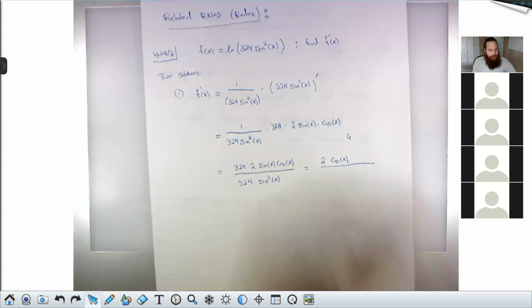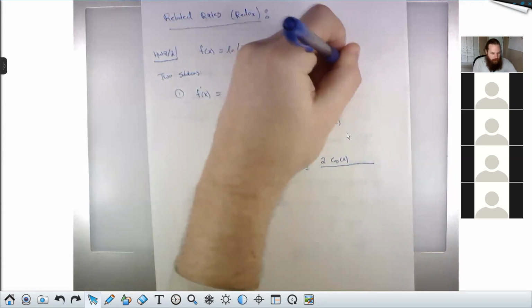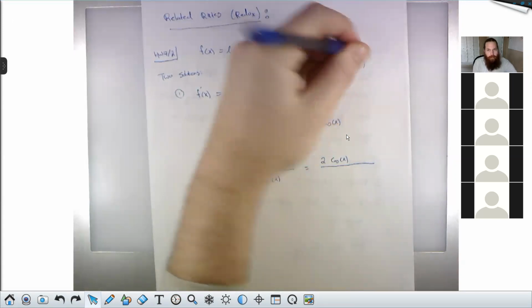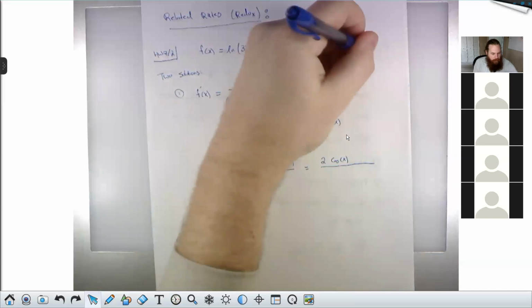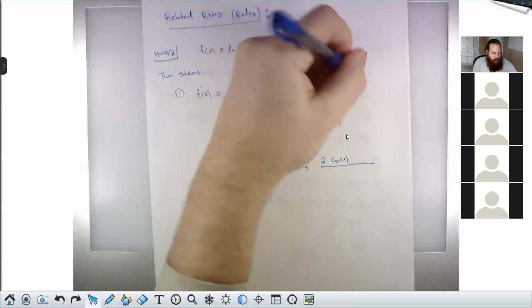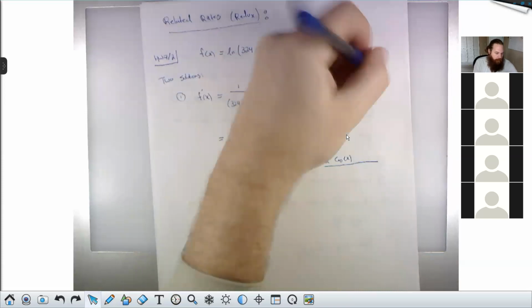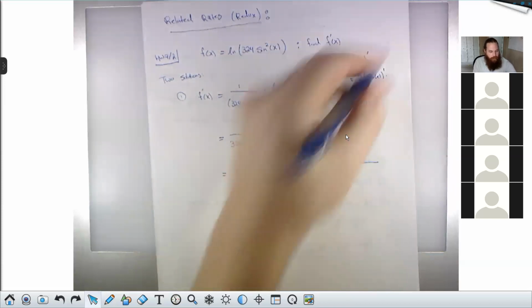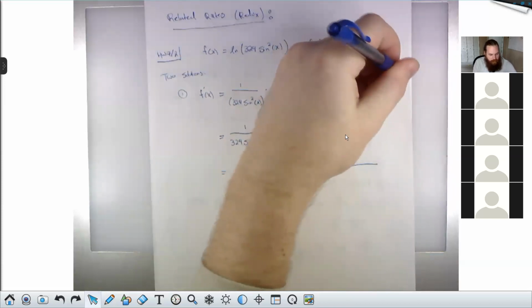So the derivative of sine squared x, remember sine squared x is sine x all squared. So if I want to differentiate that, I need the chain rule. First, I differentiate the outer function, which is the squaring function. So I'll have 2 sine x to the 1, and then I multiply by the derivative of the inside, which is cos x.